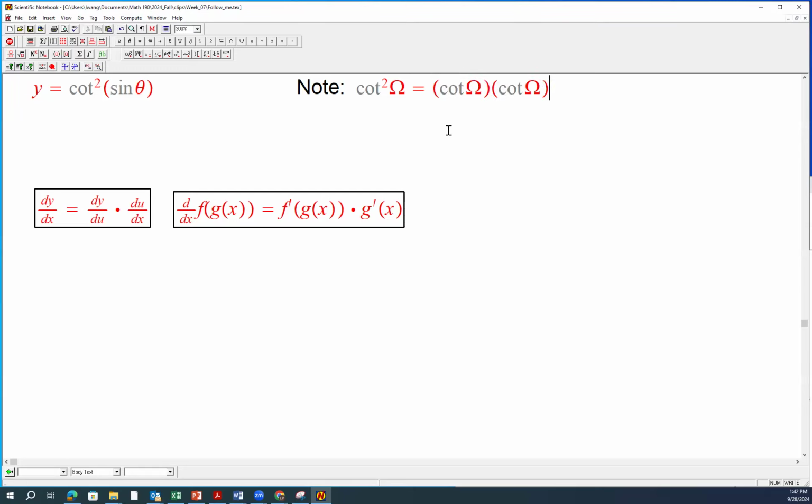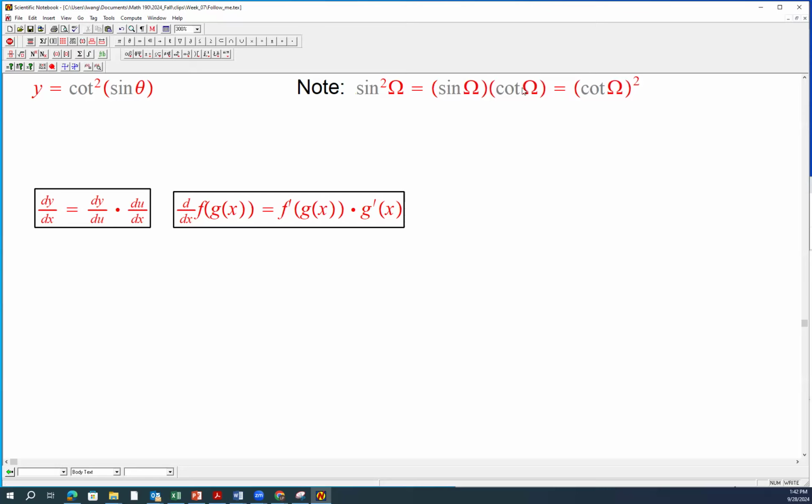That's the meaning, i.e., the cotangent omega, squared. This is the same for sine.